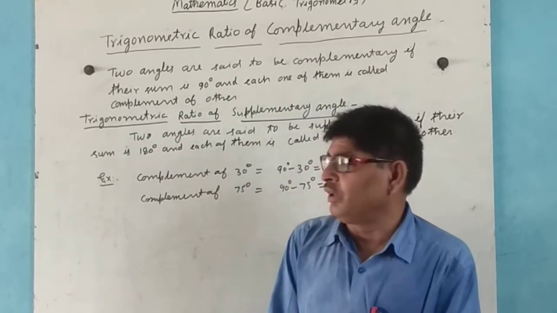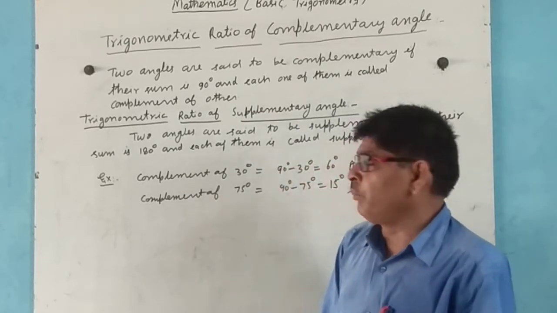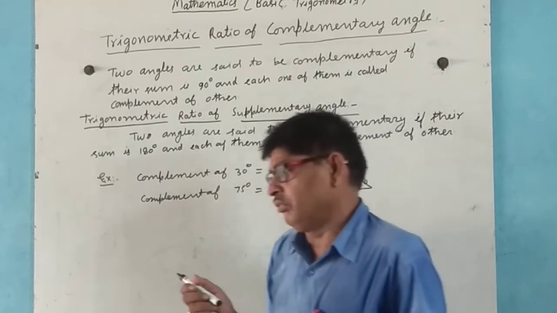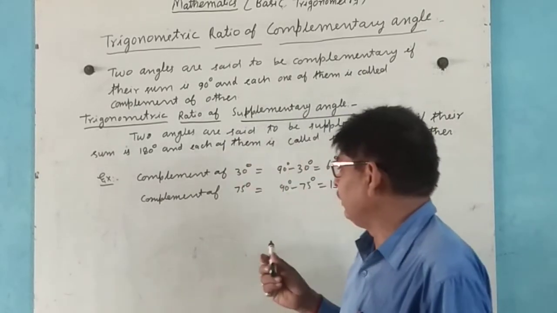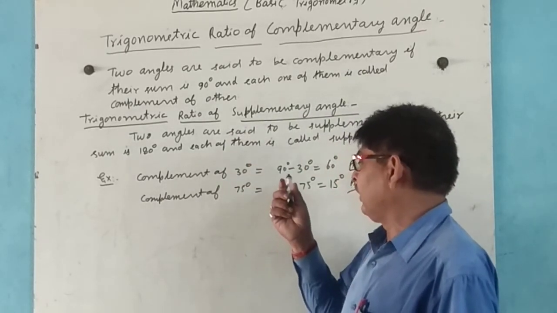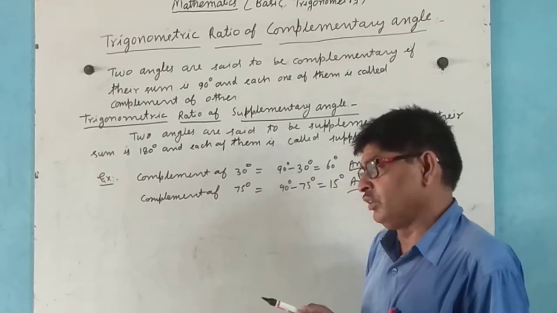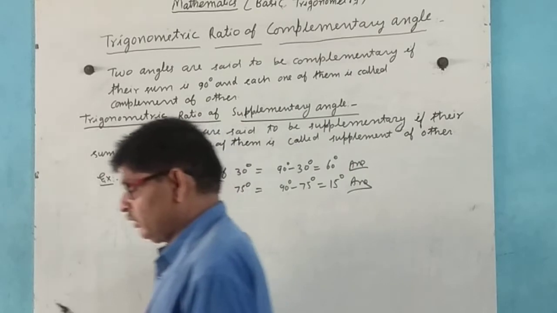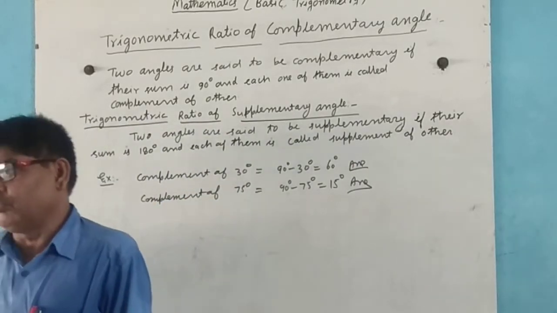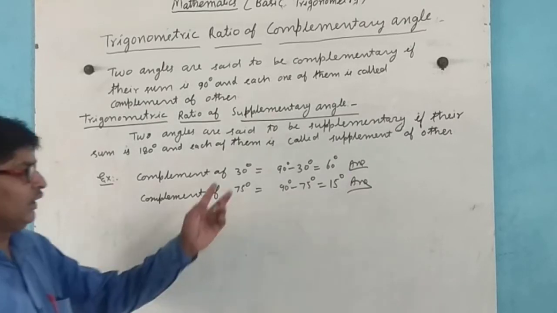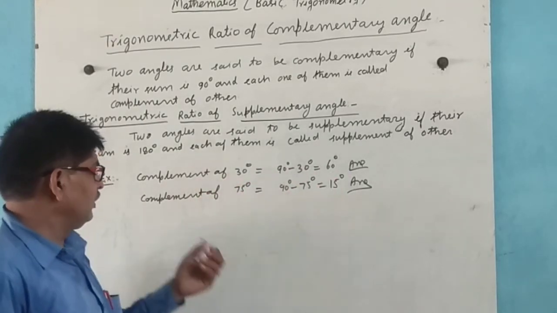For example, the complement of 30 degrees is obtained by subtracting: 90 degrees minus 30 degrees, that is 60 degrees, because the sum of the two angles will be 90 degrees.